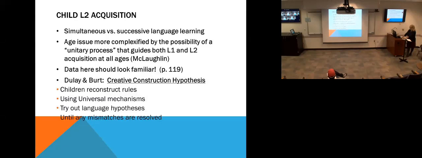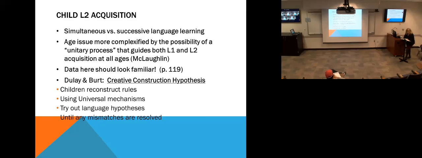So now we're going to make the transition from L1, which is what we've been talking about up to now, to L2. And the reason we're starting with L2 children is because that's exactly what happened in the field, right?